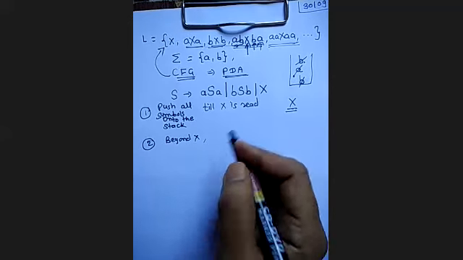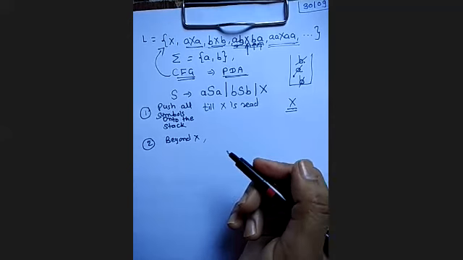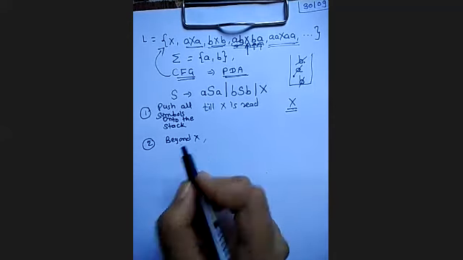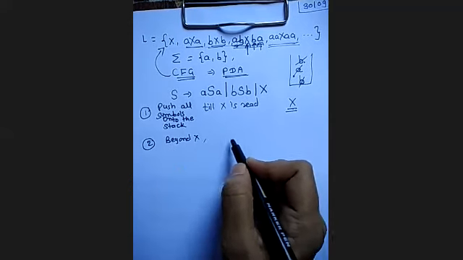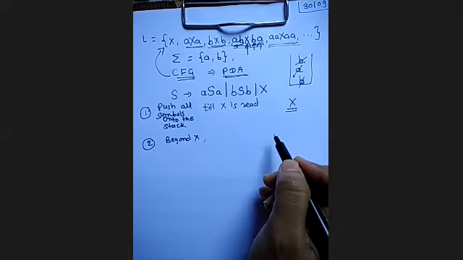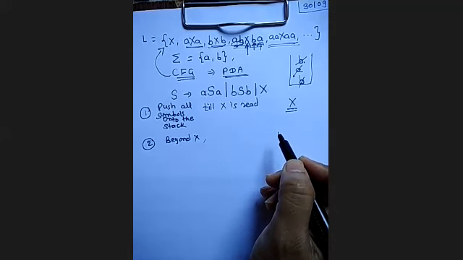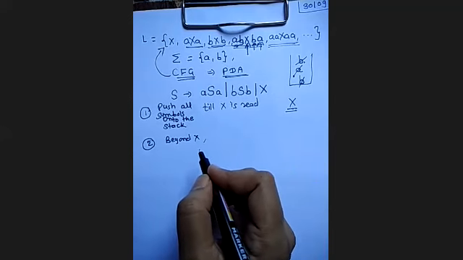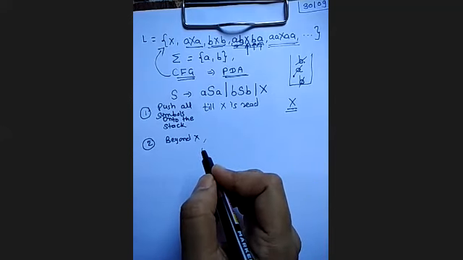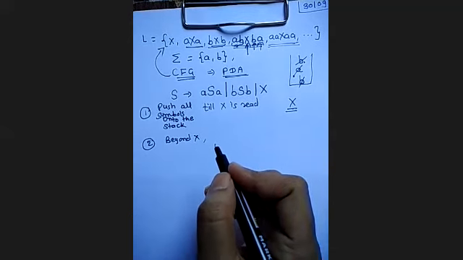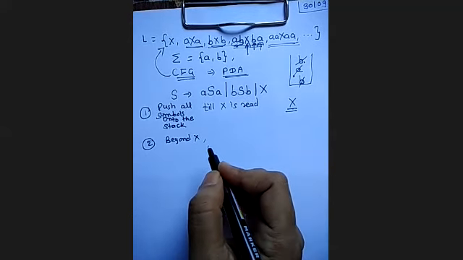Meaning is what? The symbol that is read and the symbol that is popped must be the same. Okay, so what is our second step? Beyond X, for every input symbol that is read, pop a symbol from the stack and check for the equality with the recently read symbol.